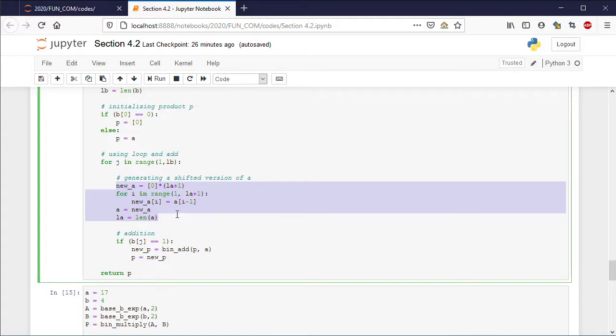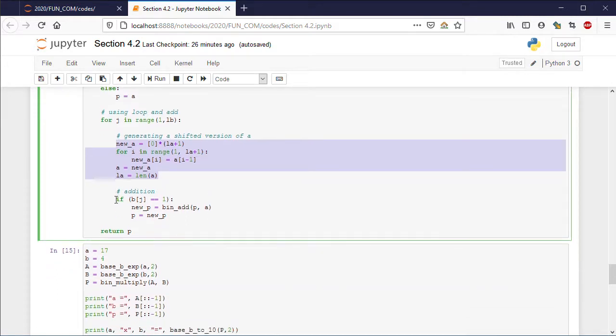So I'm using a for loop to do the shift. But in reality, when we use these bits to represent a number, all this can be done in hardware, right? So this is just used to illustrate. So later on, when we analyze the complexity, we are going to simply ignore this part. Anyway, this is just shifting.